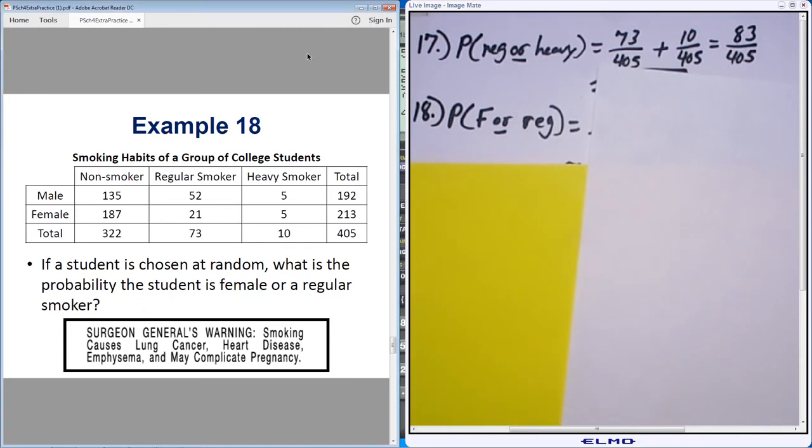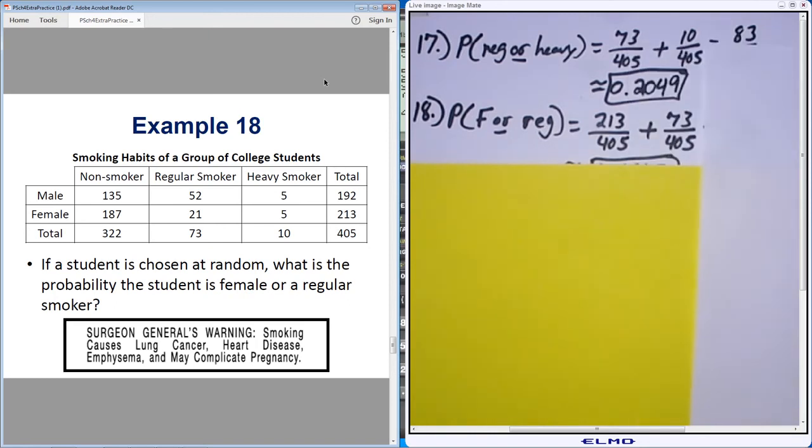Number 18. What's the probability the student is female or a regular smoker? First, add up all the females. There's 213 out of 405. I have the word or, so I'm going to add the regular smokers, there are 73 out of 405. Now, can you be a female and a regular smoker at the same time? Of course. There's 21 people that were females and regular smokers at the same time.